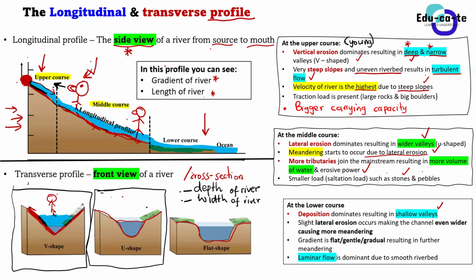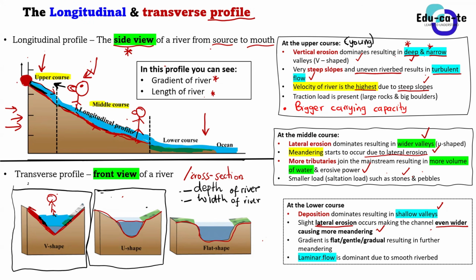There's a lot of deposition, and there is slightly less lateral erosion. There is lateral erosion, but it's not that much. So the channel will still become even wider. But if they ask what the dominant fluvial process at the lower course is, it is the what? It is the lateral erosion.